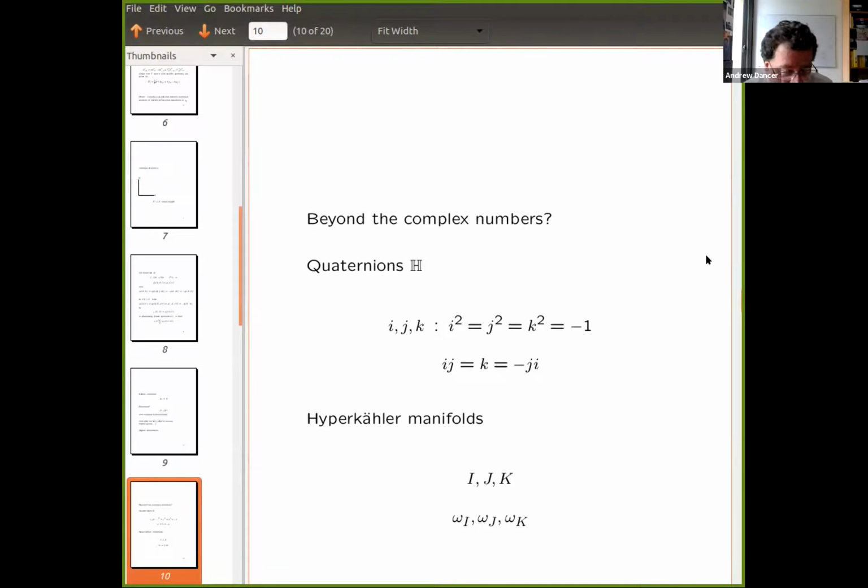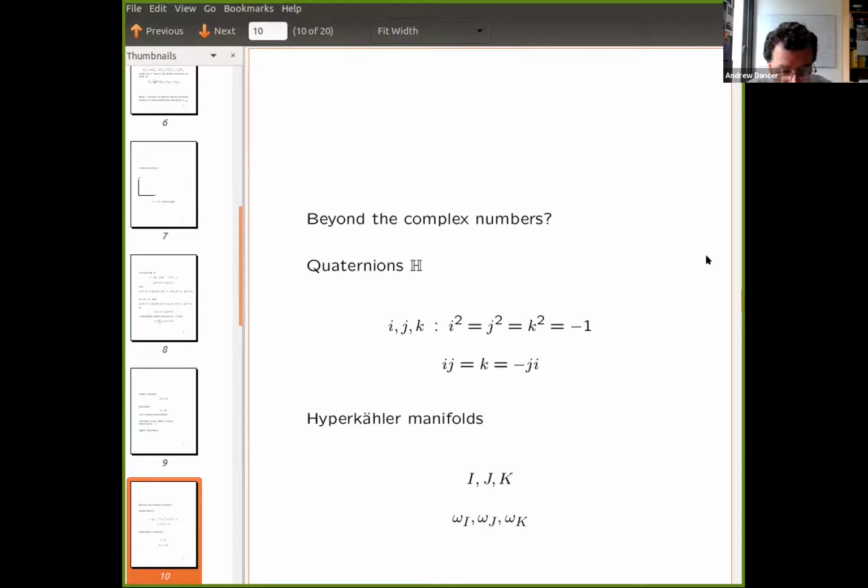It's not at all obvious, but actually it's true that this number system has its own geometric analog. These are the so-called Hyperkahler manifolds.